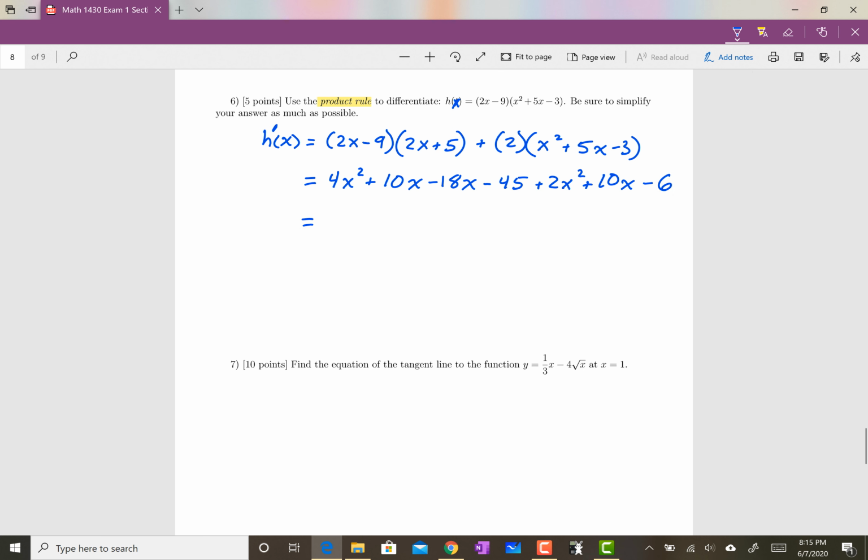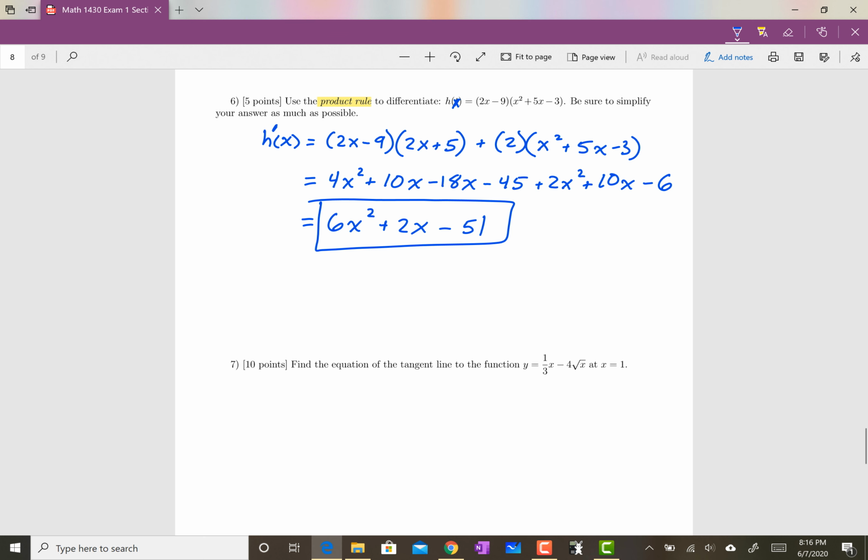So let's see what we get. 4x squared plus 2x squared is 6x squared. 10x minus 18x plus 10x is going to be plus 2x, and then we're going to have minus 51. All right, so that's how we can do that using the product rule.